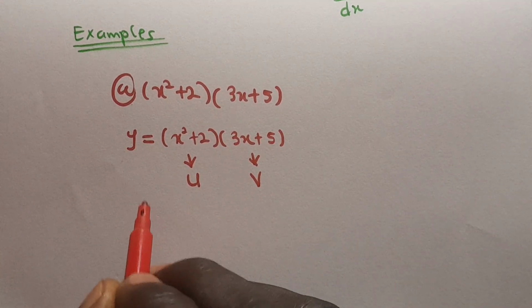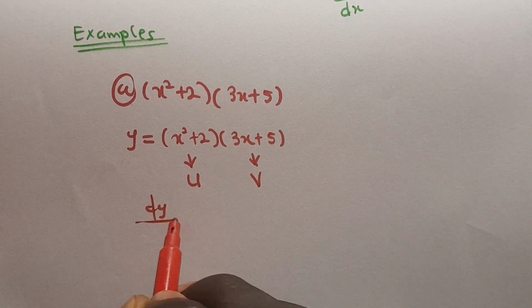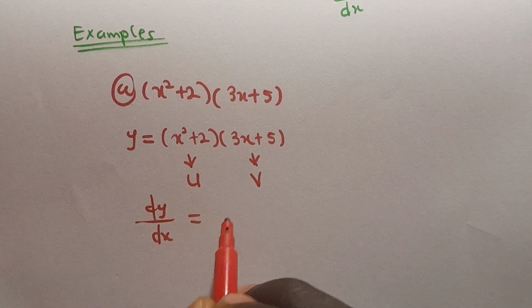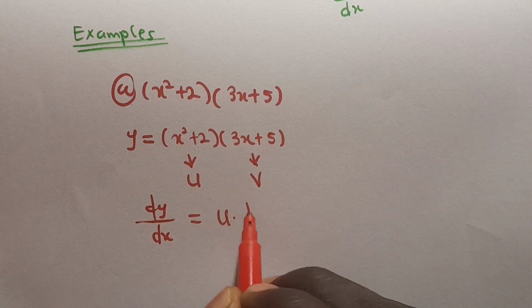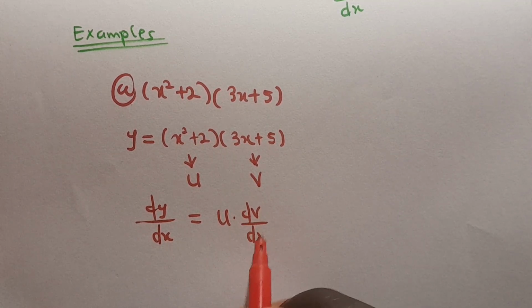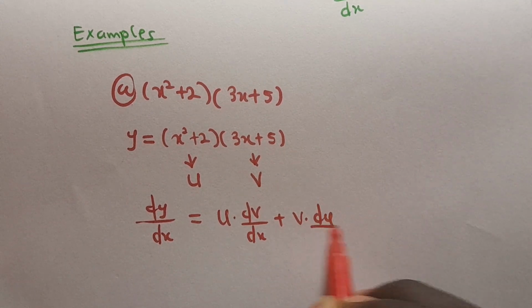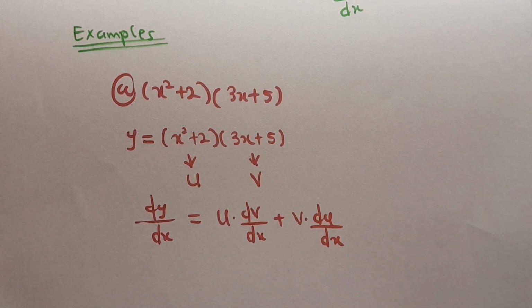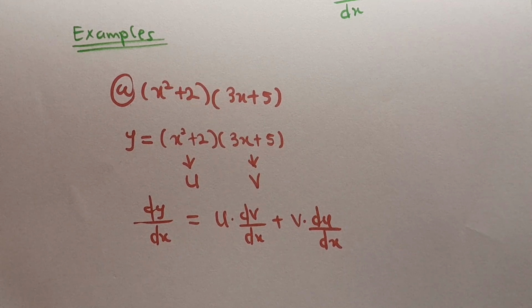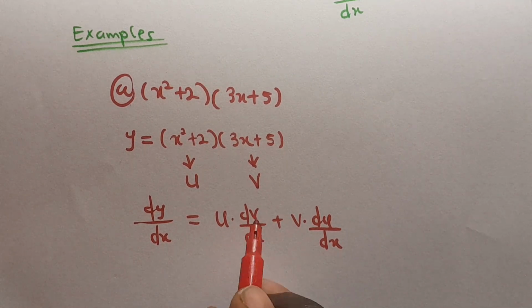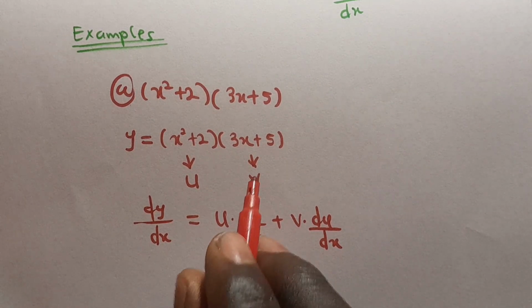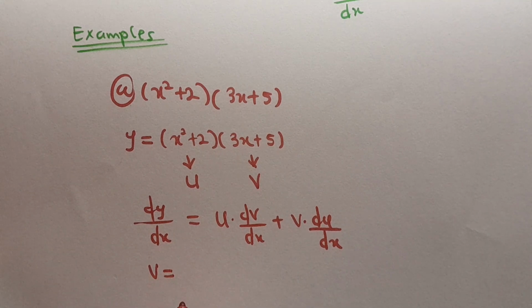So from here, let's record that we have this formula: dy/dx equals u d phi/dx plus phi du/dx. From here, let's obtain d phi/dx. Our phi equals 3x plus 5.